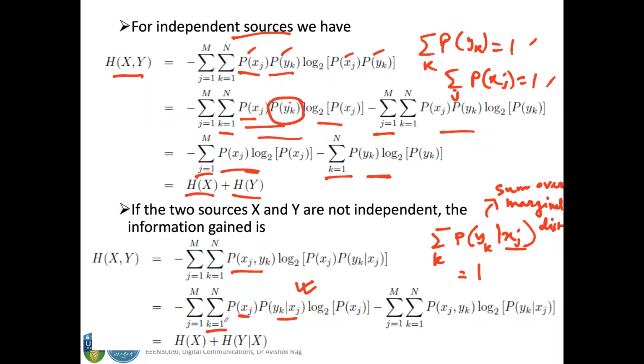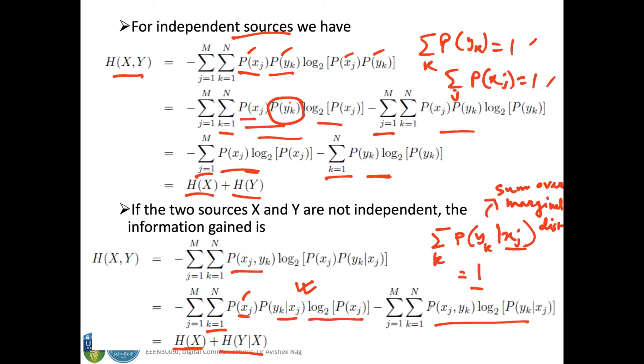So if you take out the summation over k, then you will have this 1, and you will be left with the sum over j equal to 1 to m of probability of x_j log of probability of x_j. So that term will contribute to H(X). Okay, and then this term will contribute to H(Y given X).